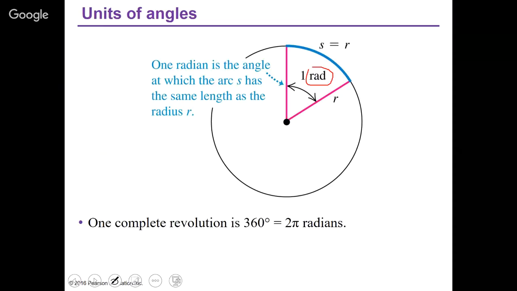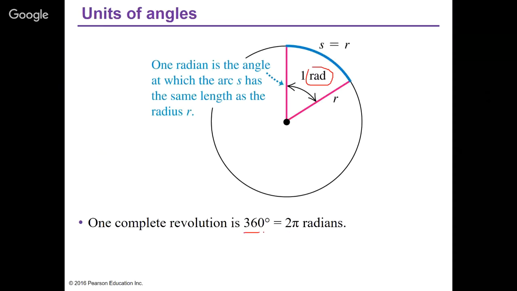When you do a full, complete revolution, in the old definition using degrees that's 360 degrees, and in our new unit, the radian, that will be 2 pi radians. I think this is not a completely new concept to you.